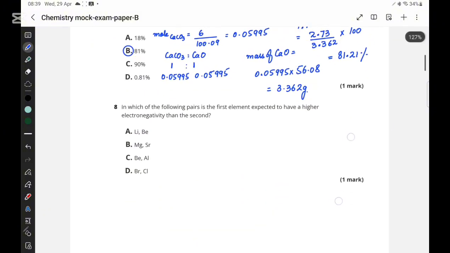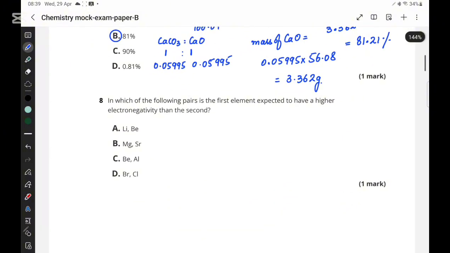So next question, in which of the following pairs is the first element expected to have higher electronegativity than the second one? If you see option B, magnesium, they are present in group 2, and magnesium is present up the group as compared to strontium. Strontium is present down the group.